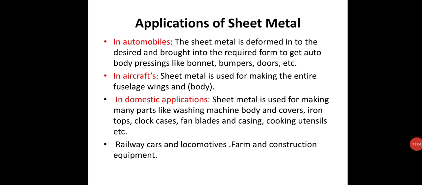In domestic applications, sheet metal is used for making many parts like washing machine bodies and covers, iron tops, clock cases, fan blades and casing, cooking utensils, railway cars and locomotives, farm and construction equipment.